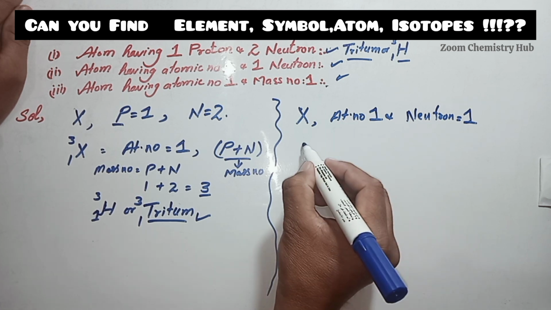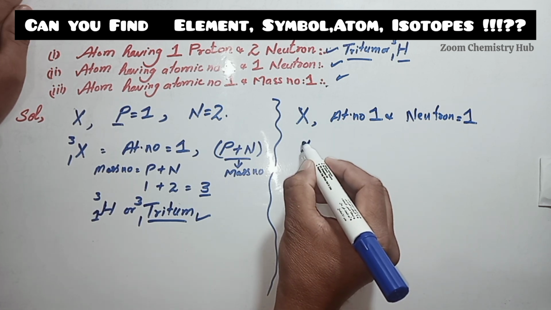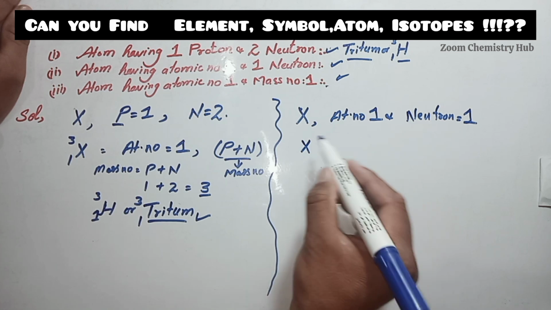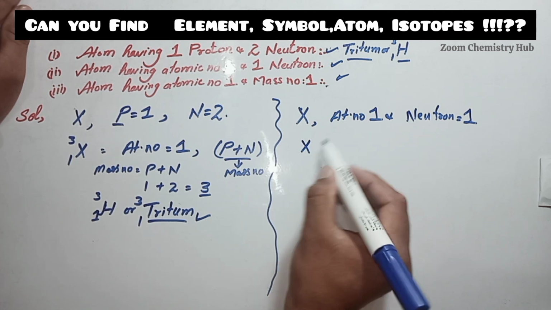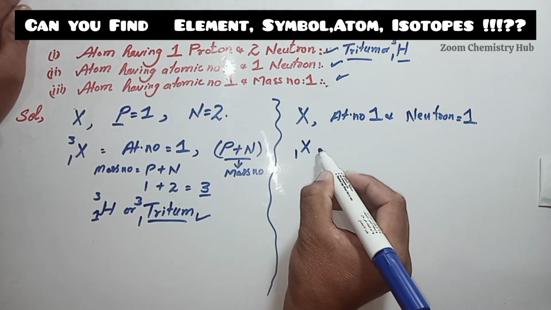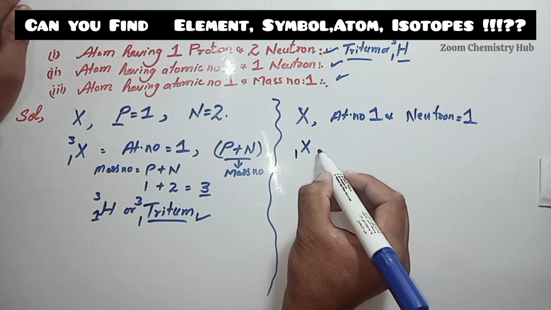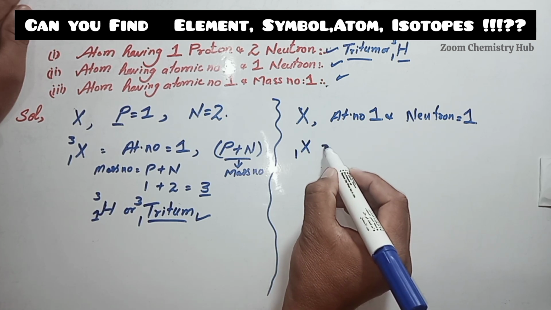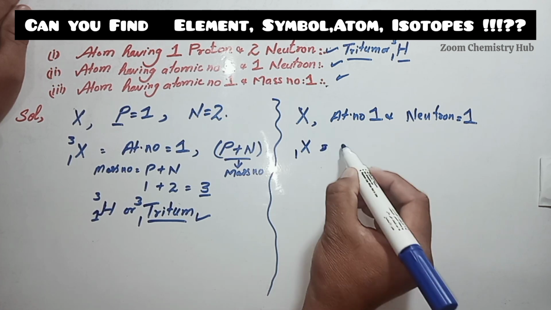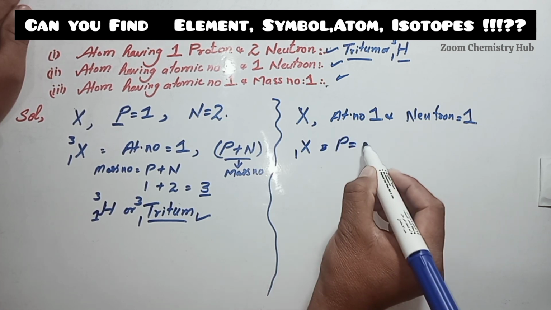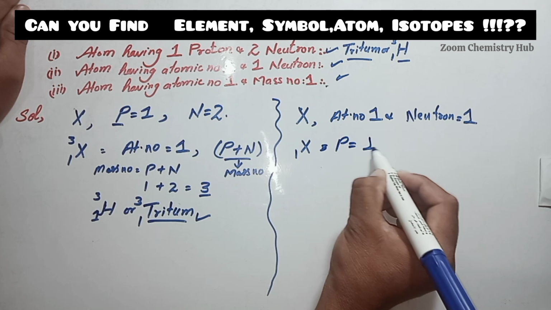Now we will find this isotope, that is, the atomic number 1 we write first, and if the atomic number is 1, it means the number of protons is 1.